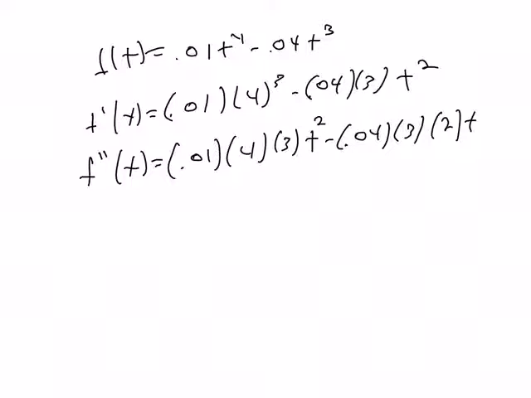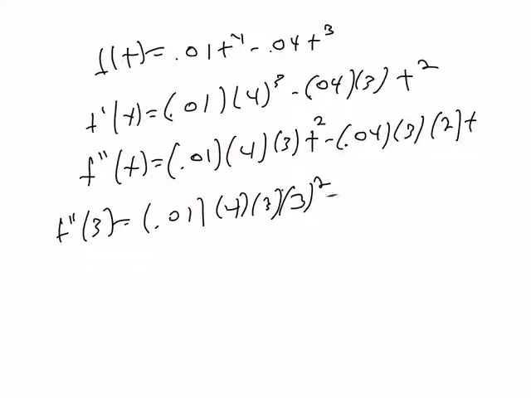And so after 3 seconds, f double prime of 3 is going to equal 0.01 times 4 times 3 times 3 squared minus 0.04 times 3 times 2 times 3.